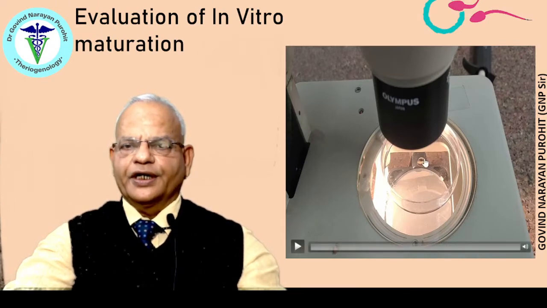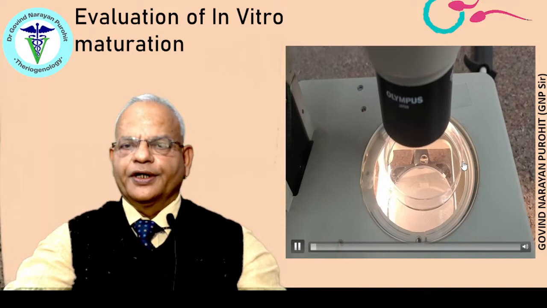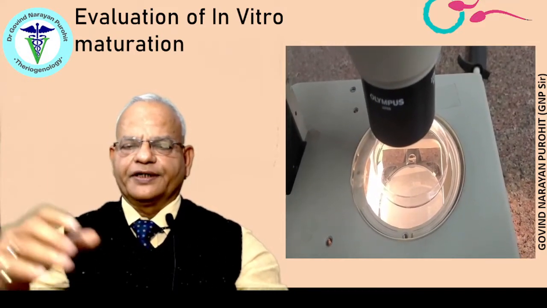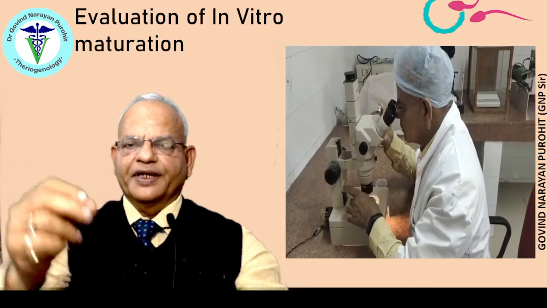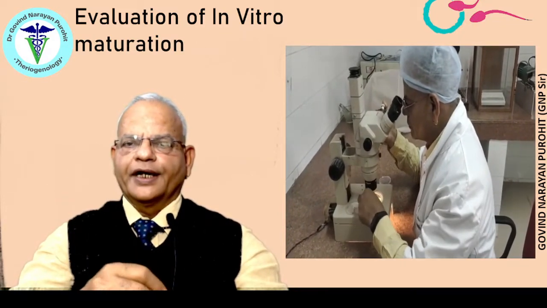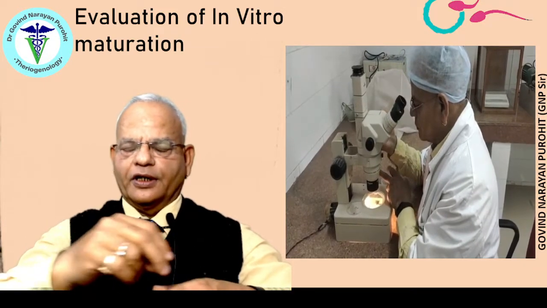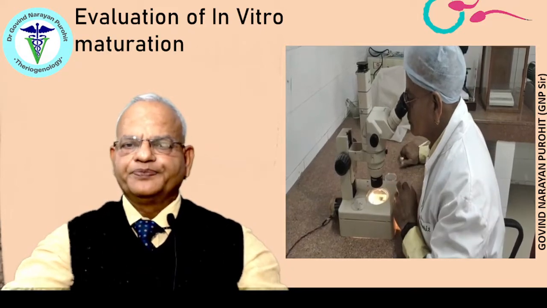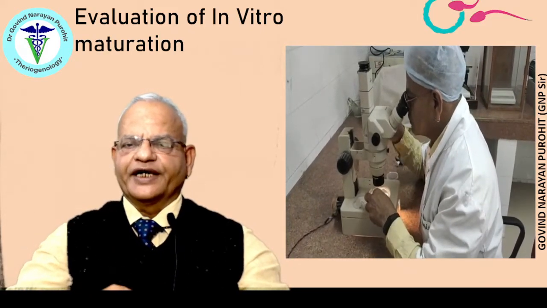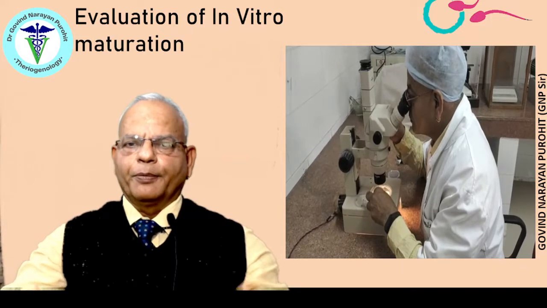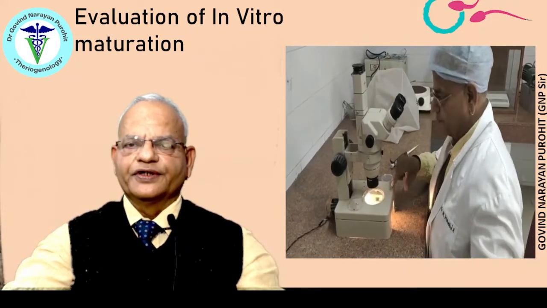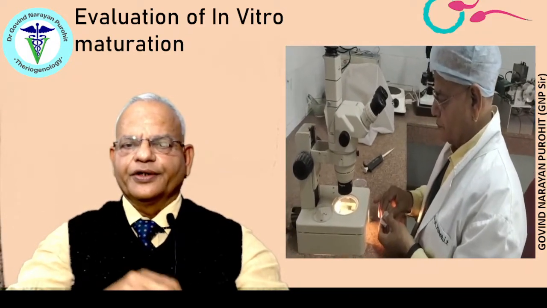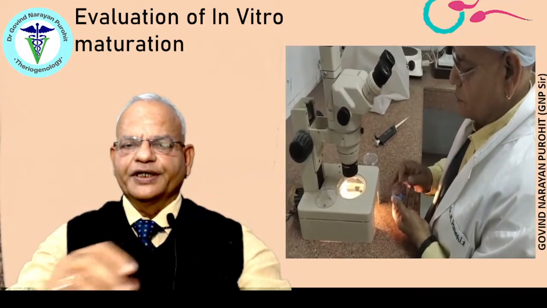Now you can see on this drop the oocytes are there, and for fixing we will take the oocytes with the minimum possible volume and place them on a slide, so that when you fix the oocytes, that volume does not propel the oocytes towards the sides of the slide, and the oocytes remain in the center where you intend them to be.